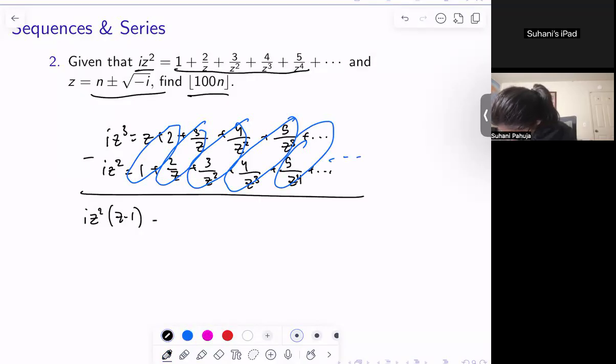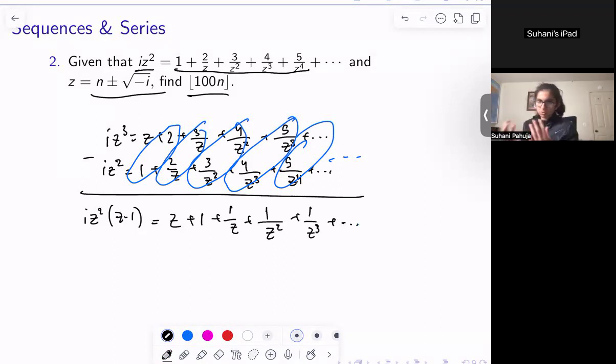And what that would give us is z plus 1 plus 1 over z plus 1 over z squared plus 1 over z cubed. And as you can see, this goes on, and this is just an infinite geometric series on the right hand side. And so then we can further simplify this equation.